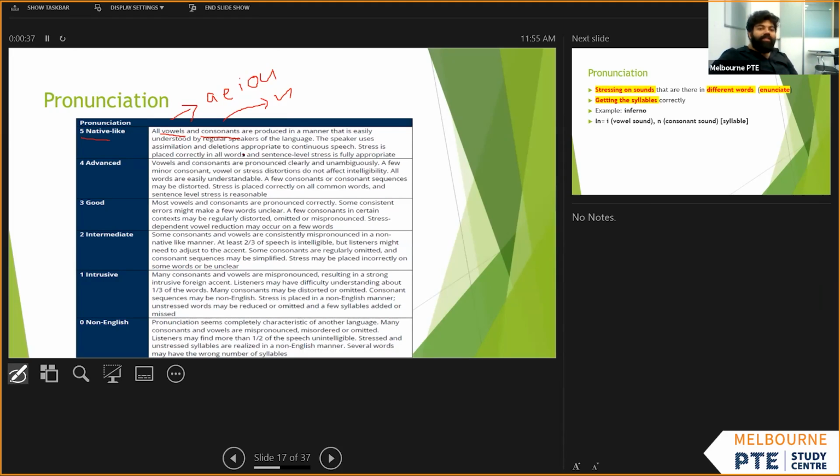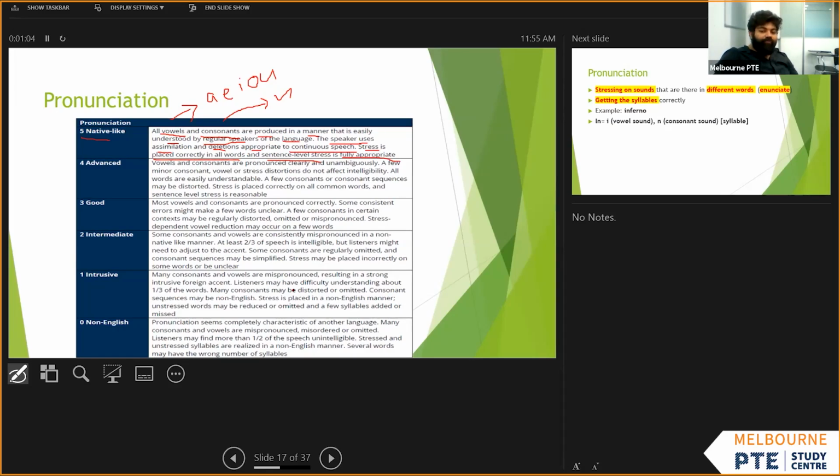Okay. Now, this says that both of these are produced in a manner that is easily understood by regular speakers of the language. The speaker uses assimilation and deletions appropriate to continuous speech. Stress is placed correctly in all words, and sentence level stress is fully appropriate.